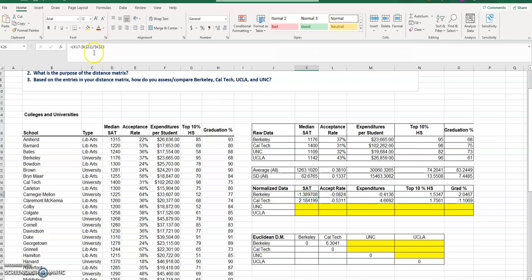If you look at the equation, I have K17, which is the Berkeley SAT score, minus the mean score K22, which comes from all of the colleges over here on the far left-hand side, and then divided by the standard deviation of all of the colleges on the left-hand side. Each one of these values that you're computing here will be a z-score using this as your raw data.